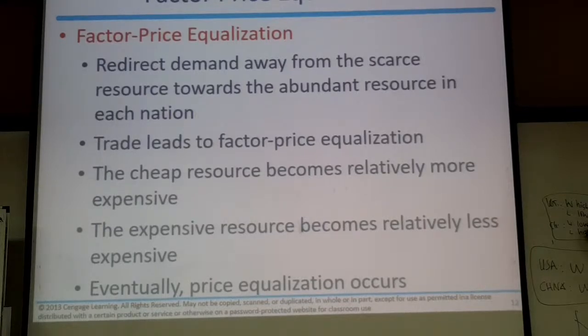Cheap resource in China, which has a lot of labor, you say K per L, China, USA. Do you understand now? In China, cheap resource at that time was wages, labor. Labor now becomes more expensive, wages. So, labor, wages. Capital, interest rate. You have to understand that.